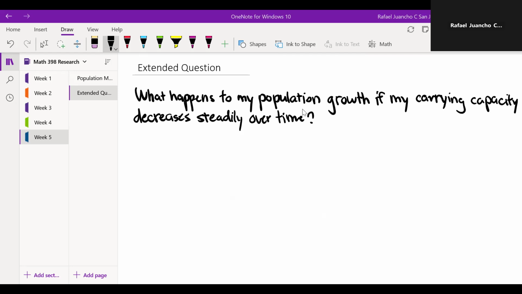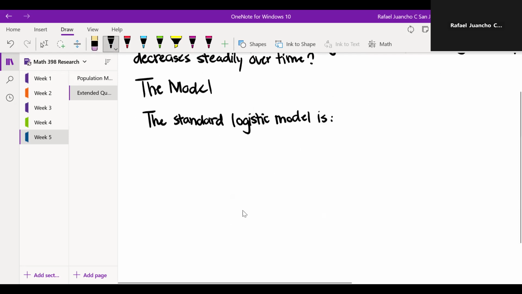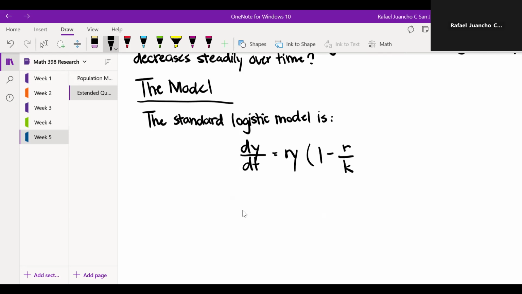Right? And so the standard logistic model, based on the write-up, is dy over dt equals ry times (1 minus y divided by k).